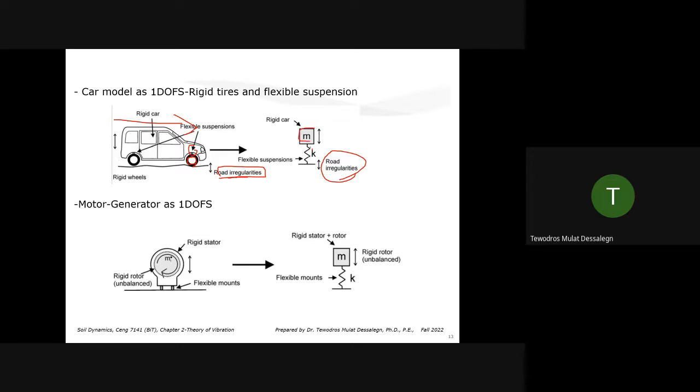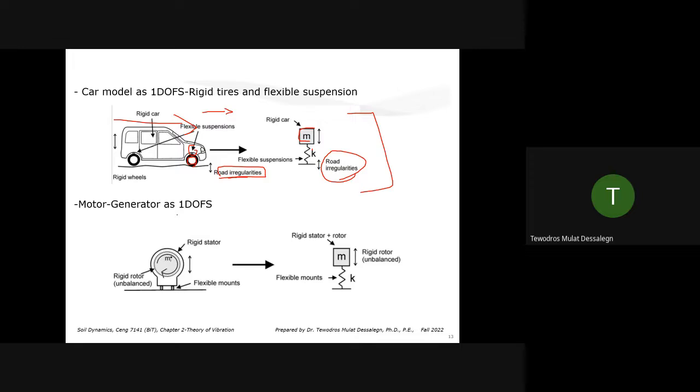So a single degree of freedom system can simplify the model of a complex motion of a car. The vertical motion, don't be confused here. The car is also moving horizontally, but it's not vibrating horizontally. It's a constant motion horizontally. But vertically, because of road irregularity, it's moving up and down. So you can represent it like that.